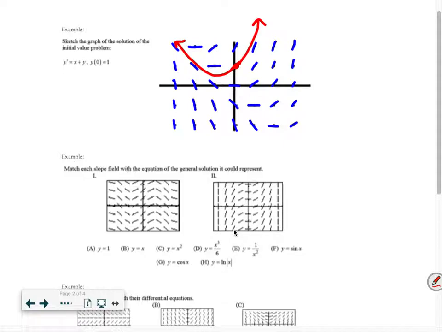Our next, okay, we're going to do two different matching scenarios here. Here we're matching with the general solution. If I'm matching with the general solution, will my equation match the graph? No, the derivative of your equation. I agree with what Joe said.